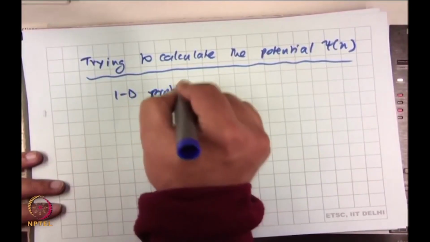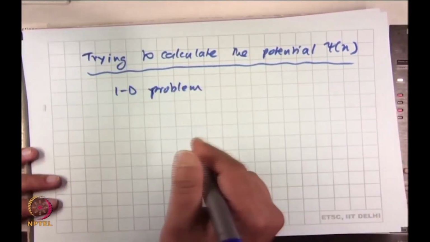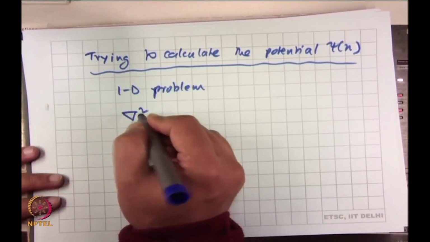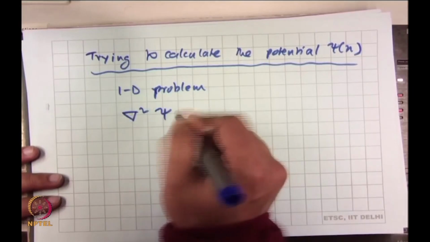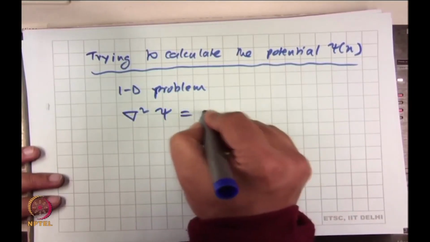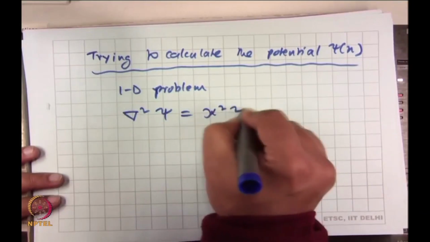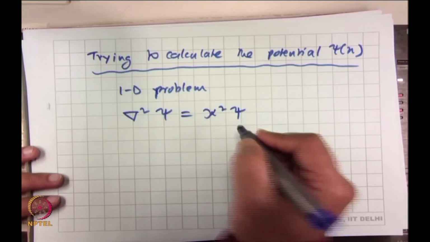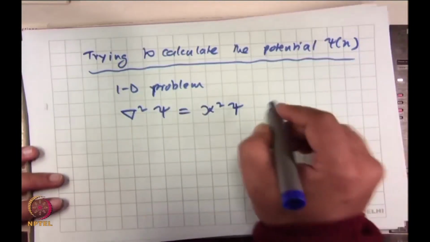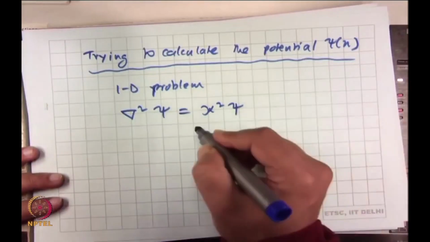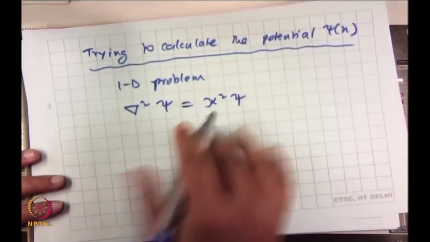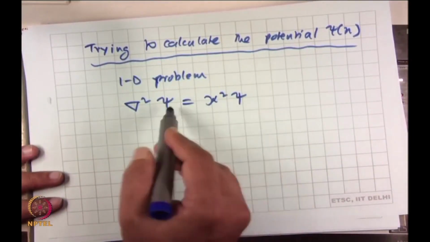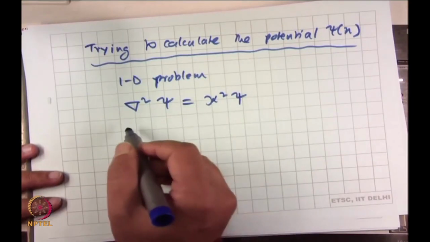That means I am only taking the x direction, and I am solving your Poisson equation that we just derived. Del square psi is equal to what? Kappa squared psi. That is what we just derived, right. Del square psi is equal to kappa squared psi, where kappa squared has the usual thing. Now, this is the equation you are going to start with, and I am trying to solve for psi. Remember, I am trying to solve for psi. Because it is one dimensional, my del square becomes what?